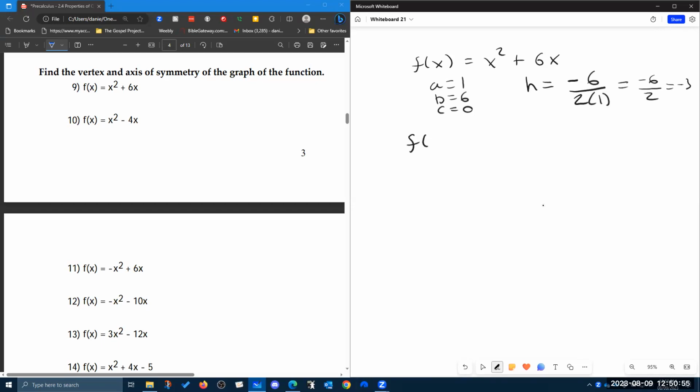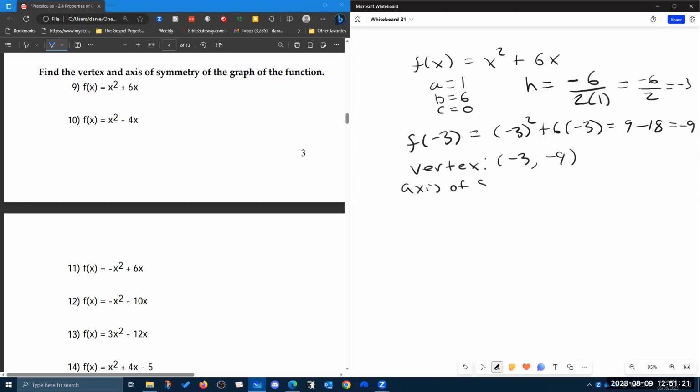If I want to find f of negative 3, that's negative 3 squared plus 6 times negative 3, which is 9 minus 18, which is negative 9. So my vertex is at negative 3, negative 9, and my axis of symmetry is the equation x equals negative 3.